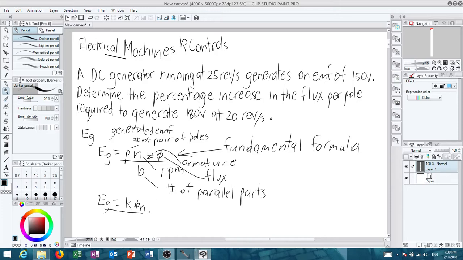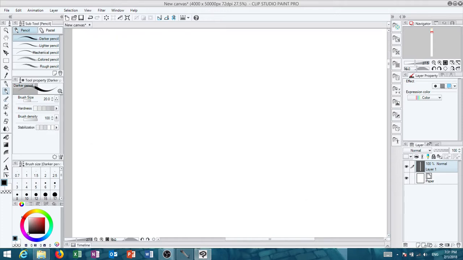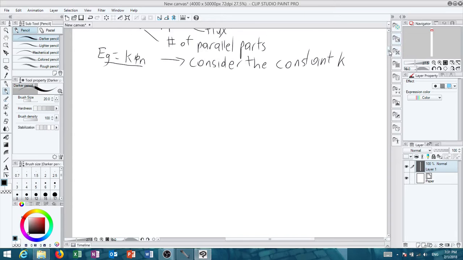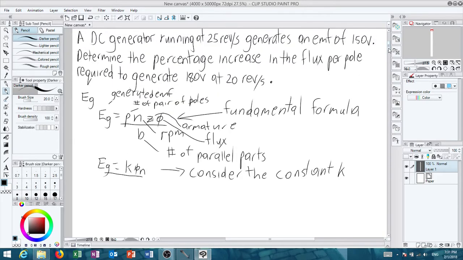Now that we have this formula, we can now consider the constant K. And from there, we can look at this equation and look back at the question and consider what we have to work with.